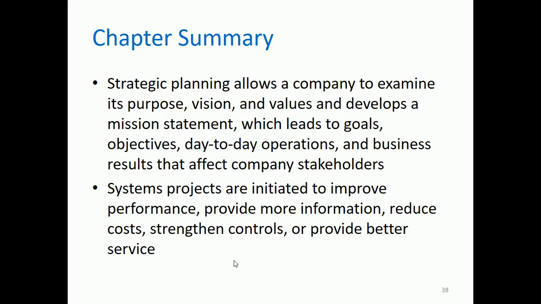Okay, so the chapter summary. Strategic planning allows a company to examine its purpose, vision, and values, and develops a mission statement which leads to goals, objectives, day-to-day operations, and business results that affect company stakeholders. Systems projects are initiated to improve performance, provide more information, reduce cost, strengthen controls, and provide better service.